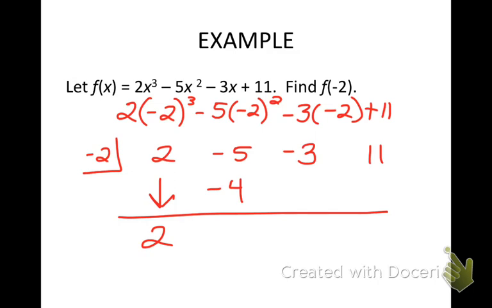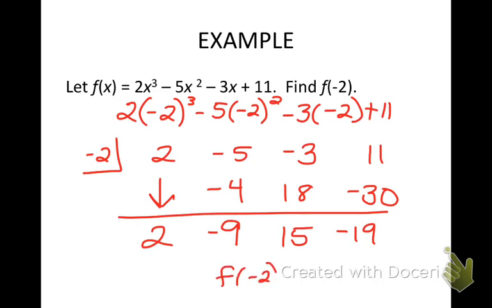A negative 5 and a negative 4 makes negative 9. Multiplying gets me 18. Adding an 18 and a negative 3 gets me 15. Multiplying gets me negative 30. 11 and negative 30 gets me negative 19. Okay. So because I'm only asked to find f of negative 2, that's going to be equal to my remainder. So f of negative 2 is equal to negative 19.